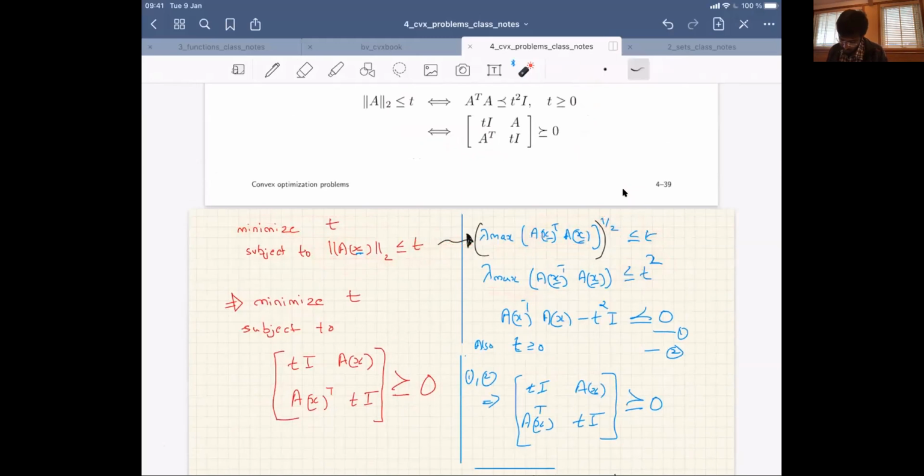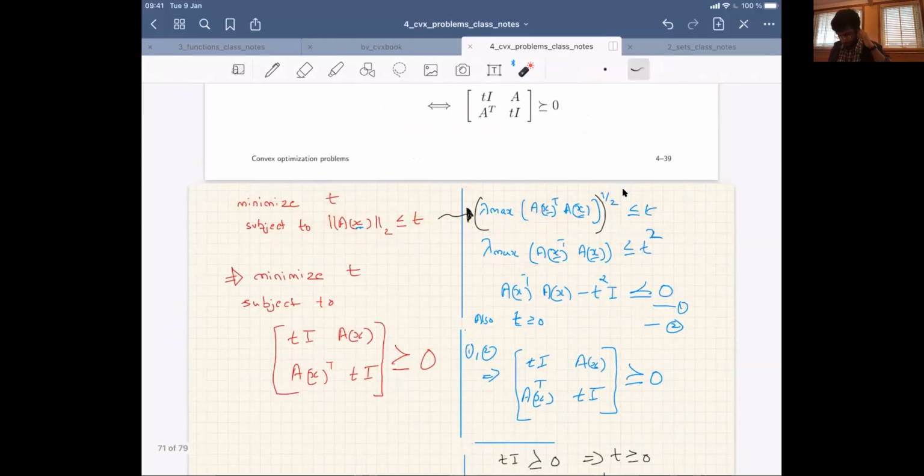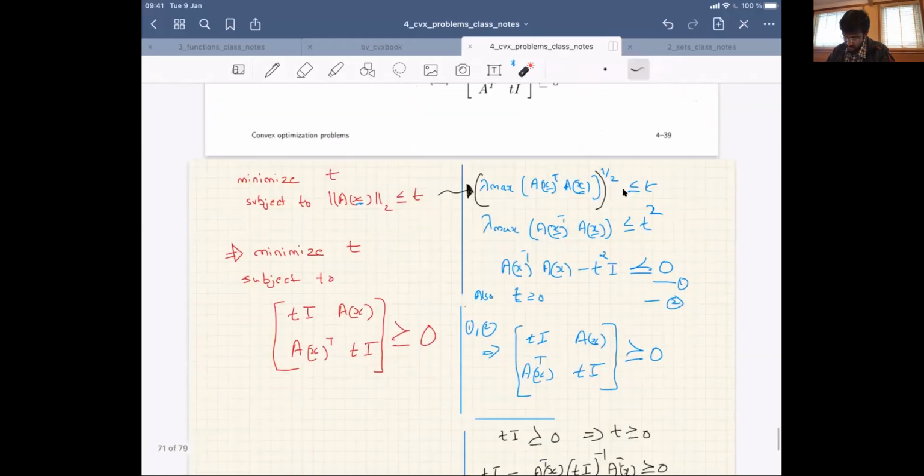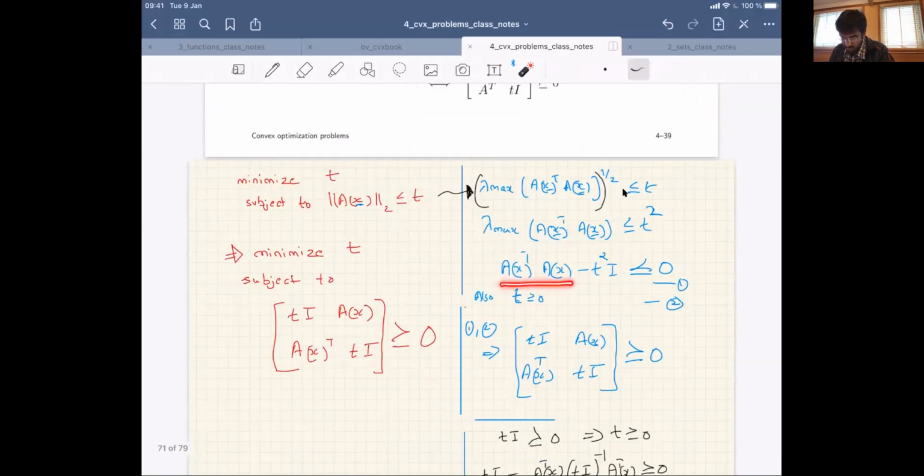So you are saying that the maximum eigenvalue is less than or equal to t squared. So I can write that all the eigenvalues are less than or equal to t squared. Or in other words, following a similar argument to what we did here, the matrix A transpose A minus t squared I has eigenvalues less than or equal to 0, that is, it is a negative semi-definite matrix.